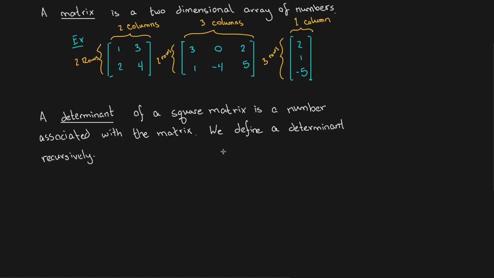Which means you need to define a determinant for a 1-by-1 matrix, which is not a kind of matrix that we deal with a whole lot. So the determinant of a 1-by-1 matrix, which means 1 row, 1 column, I'll just call my element A.